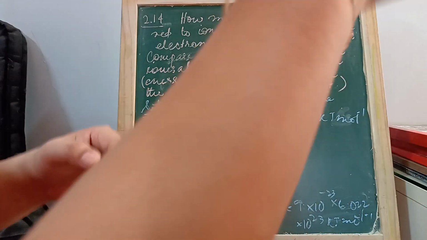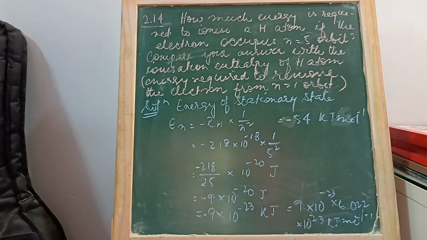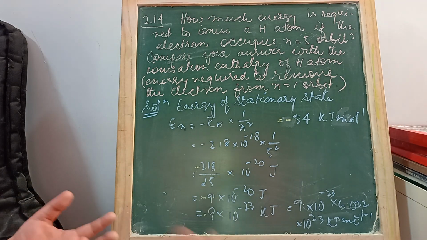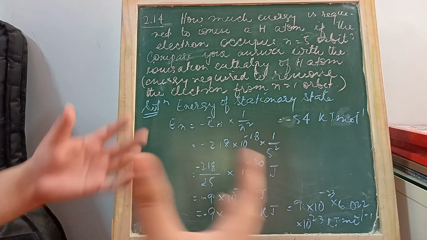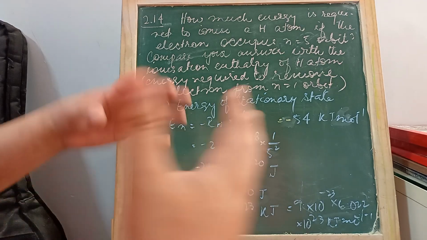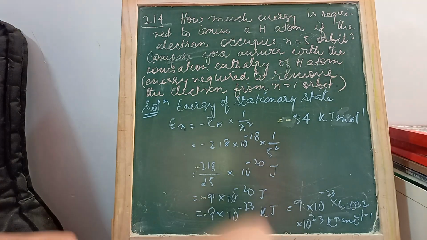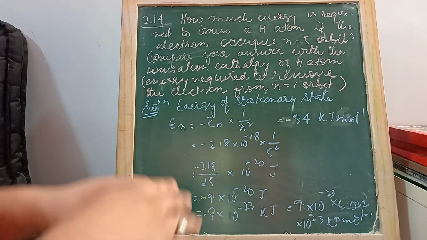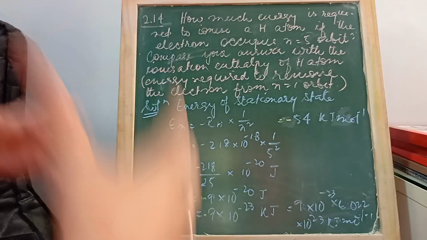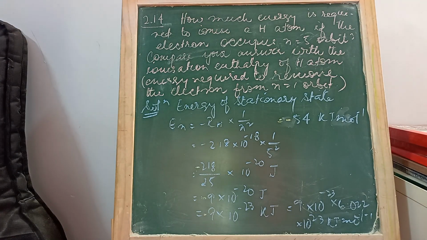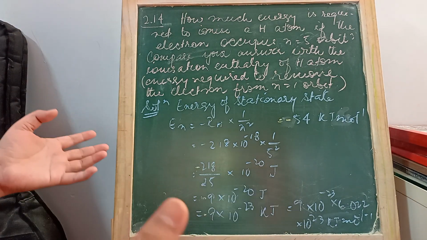Whenever they are revolving in any orbit, they won't release any energy. They are stable. That's what Bohr is saying, the stationary state. As long as the electrons are in an allowed stationary state, they will not emit any energy.